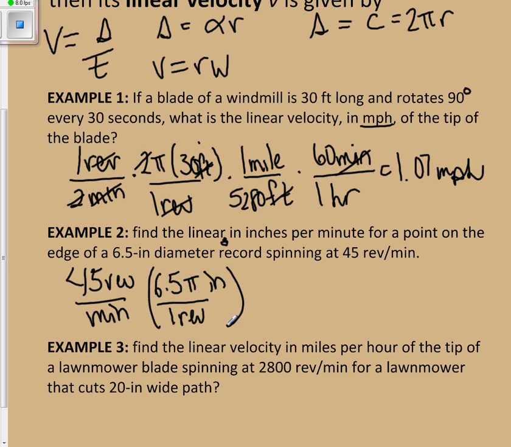When we do this, our revolutions will cancel, and I'm going to be left with inches per minute, which is going to be the 45 times the 6.5 times 3.14, or your pi button. So in other words, this thing will travel 918.45 inches per minute.